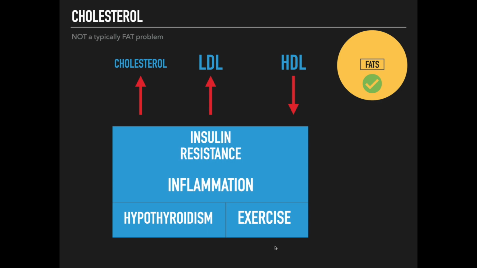You'll see an increased amount of cholesterol and the LDL in hypothyroidism as well. HDL specifically, you don't really see that, but you do see that depressed when people have been sedentary for too long. That one's a pretty easy one to correct.